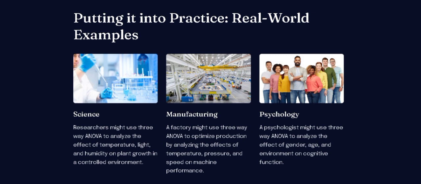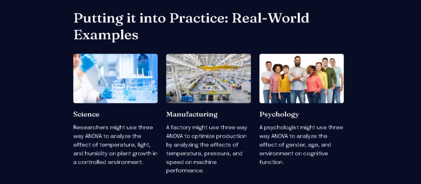Putting it into practice in the real world. For example, number one, science. Research might use three-way ANOVA to analyze the effect of temperature, light, and humidity on plant growth in a controlled environment. For the second, manufacturing.